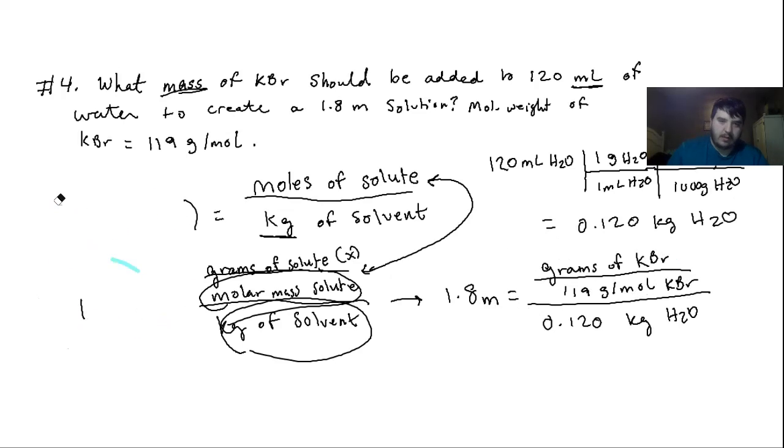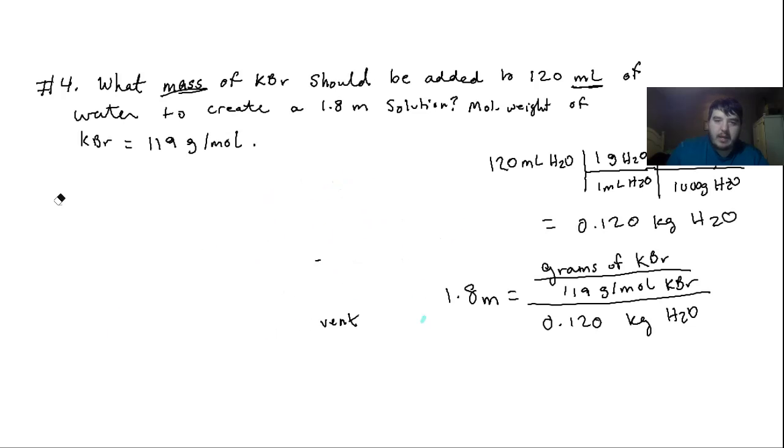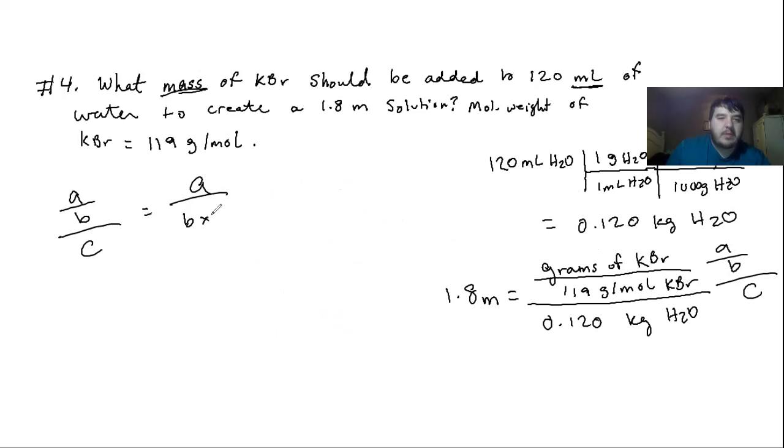If you think about algebra, we've got A over B all over C. From college algebra, one of the rules is that A over B over C can be rewritten as A over B times C, like the keep change flip method.